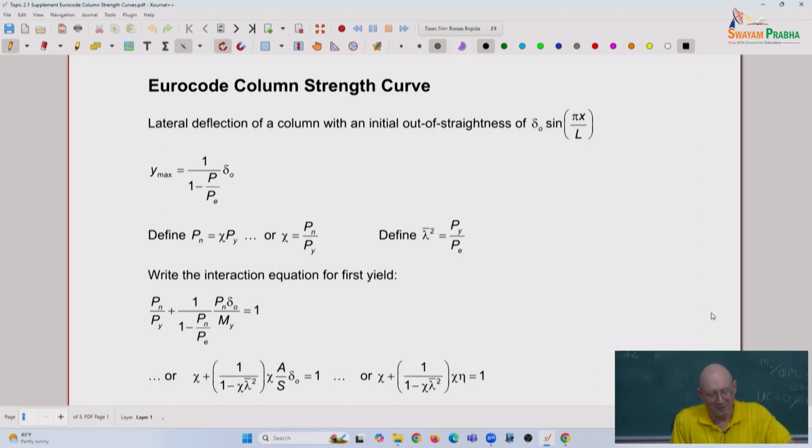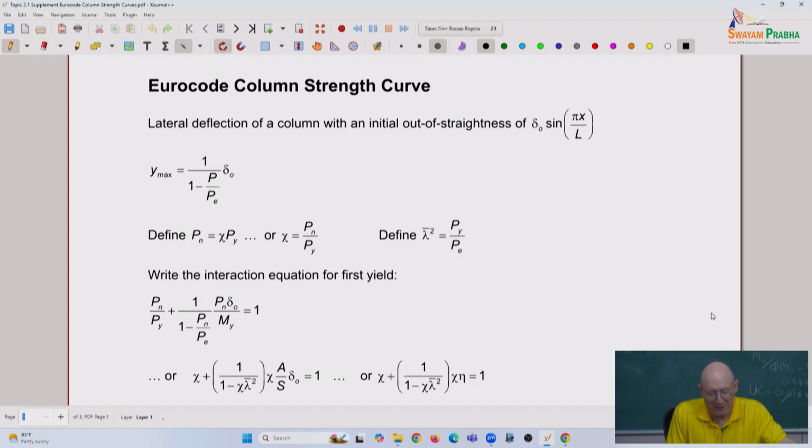That column strength, P sub n, is chi times Py. So chi is Pn over Py. That's ubiquitous in the Eurocode or in the Indian code. And we're going to find a column non-dimensional slenderness, lambda bar squared, which is the ratio of Py to the Euler load.